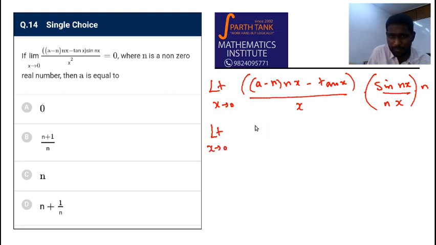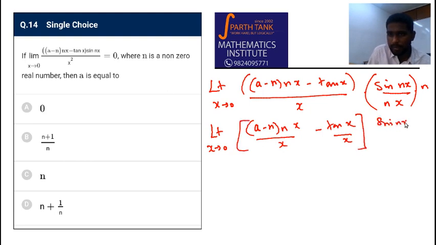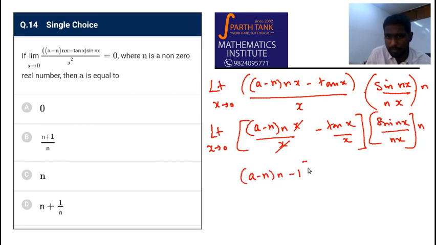This bracket itself can be split into a minus n into x by x minus tan x by x, and sin nx by nx into n. Let us apply the limit as x tends to 0. Now here this is gone, so this becomes 1. So we know it is a minus n into n minus 1, and here this also is 1. This limit is 1 basically. This limit is also 1. So I have only n here.